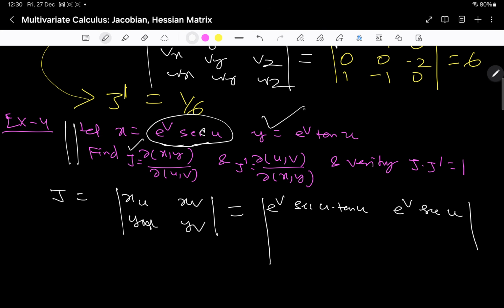Similarly, yu is e to the power v times sec square u, the derivative of tan u. Then yv is e to the power v tan u.